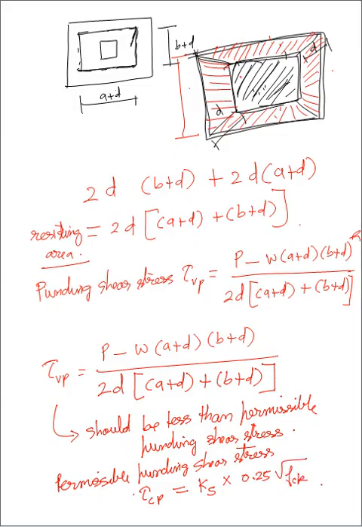fck is your characteristic strength, whatever M20 or M30 you have, that will be your characteristic strength or grade of concrete. And what is Ks? Ks is a value, I am writing it down on the next page.